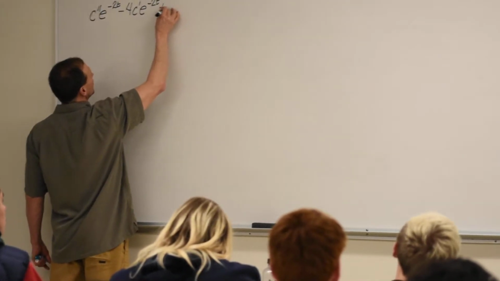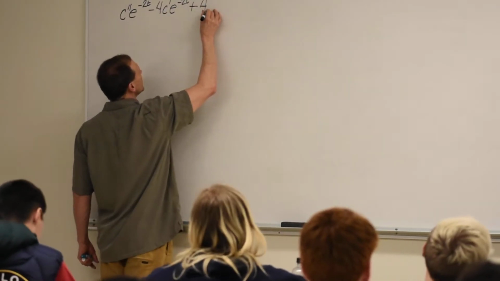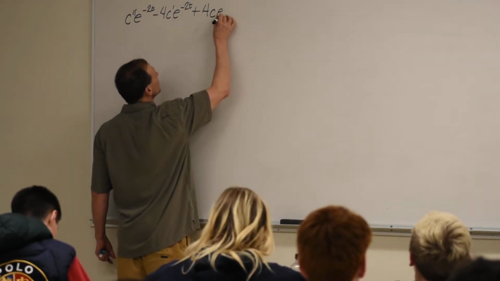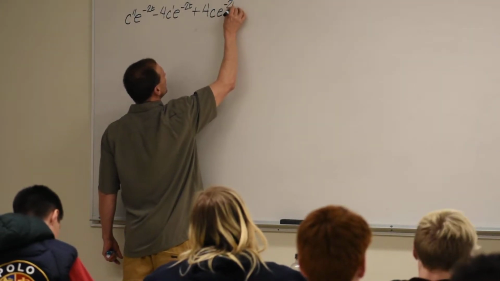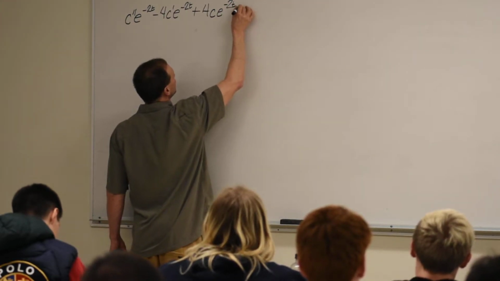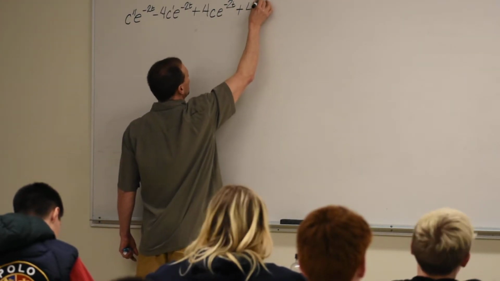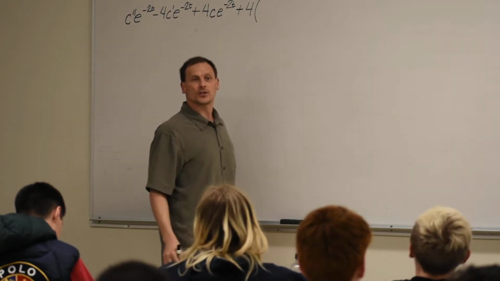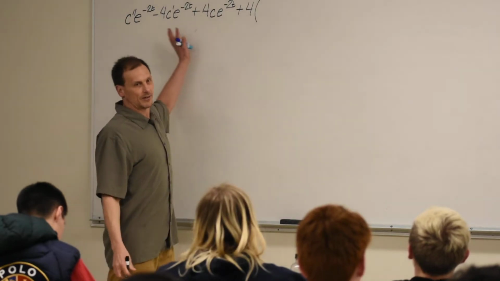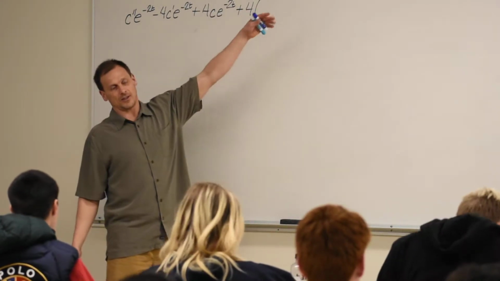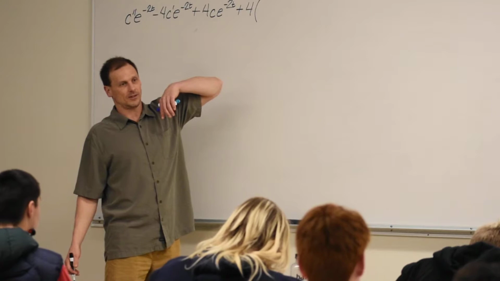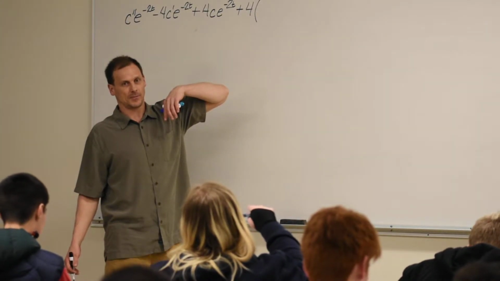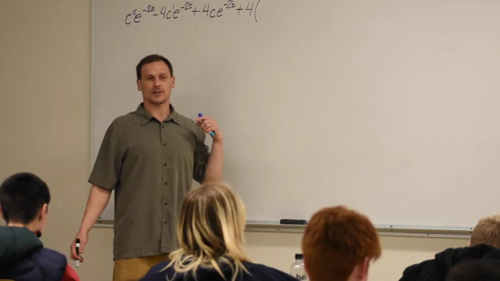Plus 4, plus 4 C e to the minus 2t. Okay, then we have plus 4 here, and we're going to multiply that by our y prime, our original equation. I erased it, it was right here. Let's look back at your original equation. Is that plus 4 y prime? Good.